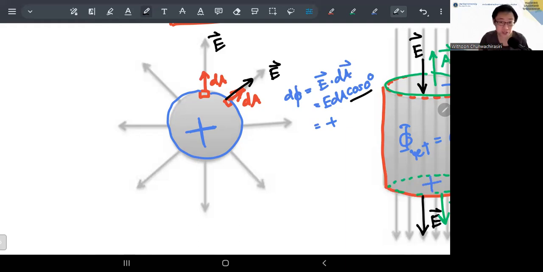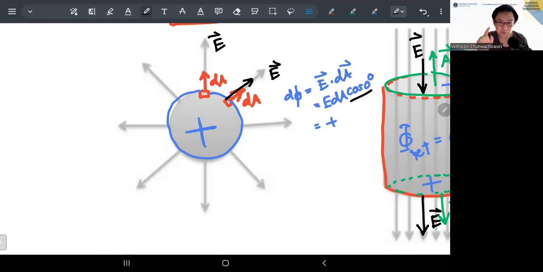So let me ask you this. If you already have evidence that there is a net positive flux through this closed surface, where does this come from?